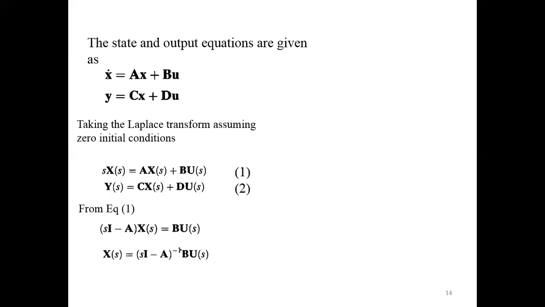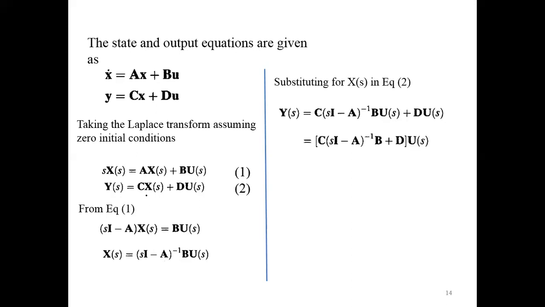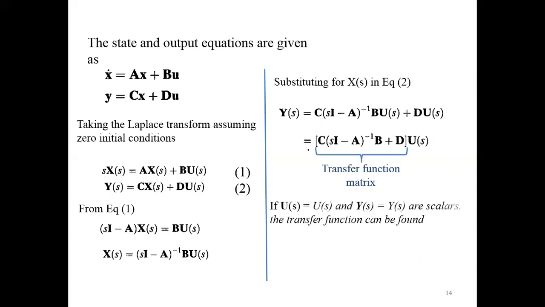So we will now replace this X of s in equation number 2. Y of s will be equal to C times this X term, and U will be taken as common. So this is the transfer function matrix. This is the output, and output over input will give us the transfer function.